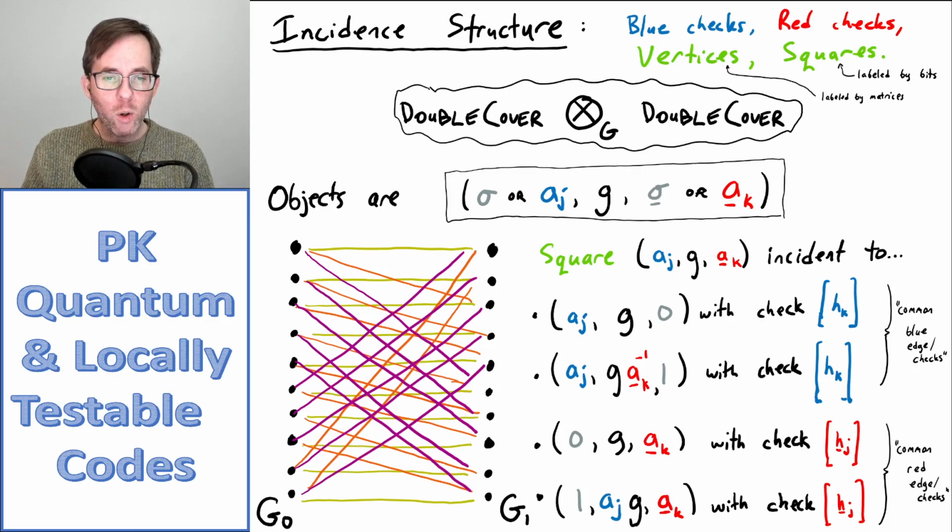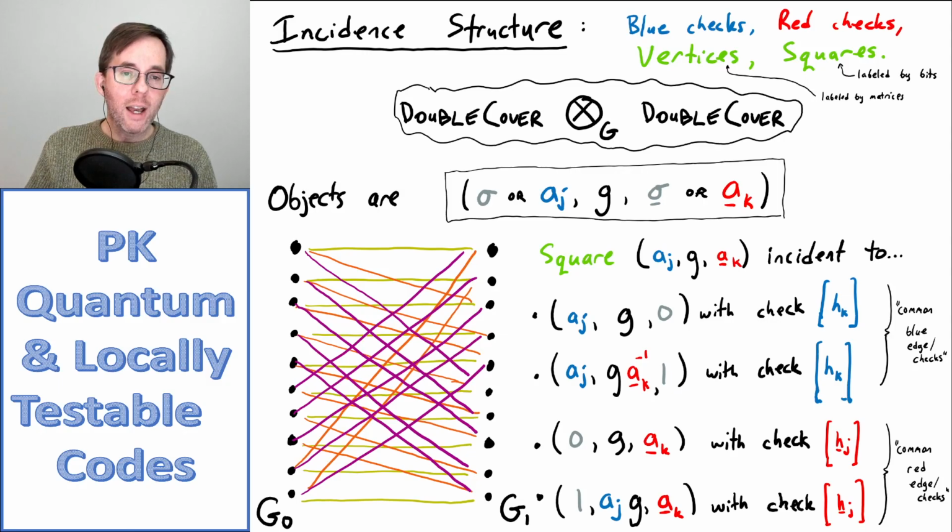So we have a square like this, and it's going to be incident to some blue edges or blue checks. And these incidences will all be common incidences, because remember the squares are the common sites now. For example, a square like AJ, G, AK, let's look down here. It's going to be incident to some red edges that look like this.